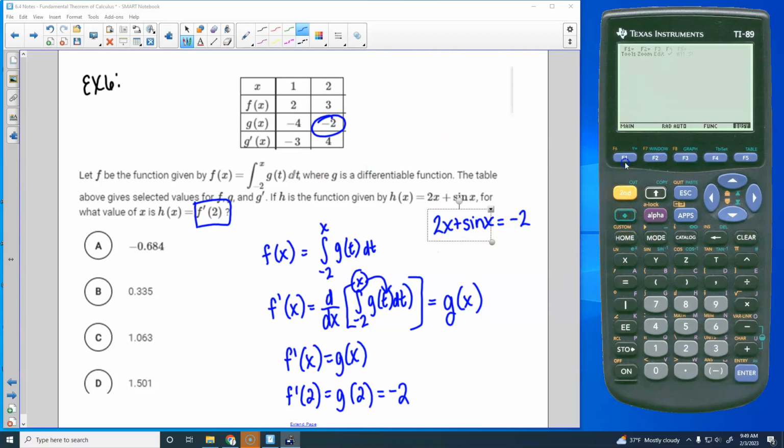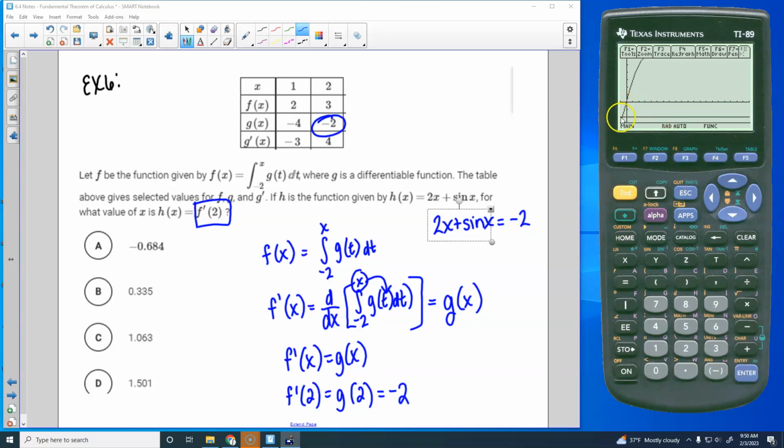So if we want to use the graph, we can just put 2x plus sine x in y1, and I'm going to put -2 in y2. And I just want to see where those cross. So if I go to my graph, I can see that they're going to cross over here.